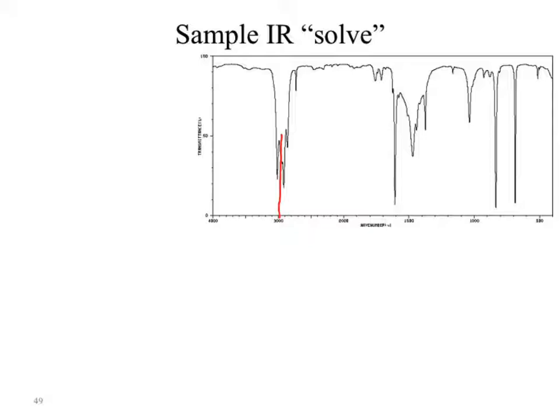After that, I have a CH SP2, which means I have an sp2 carbon, which means I more than likely have a carbon-carbon double bond. So now I could fish down lower. I've got a peak there sitting at about 1,600. That's probably a carbon-carbon double bond. 1,600 also usually is a little bit low for a carbon-carbon double bond.